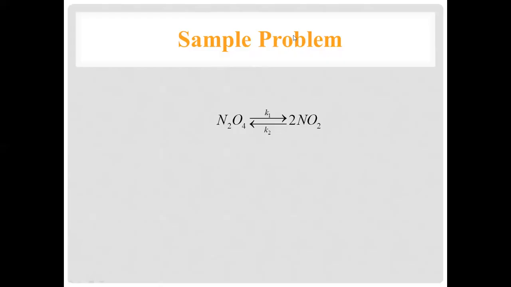So for our sample problem on reversible reactions, we have this particular problem which, in terms of stoichiometry, cannot be classified either as a first order reversible or a second order reversible reaction, primarily because the coefficient of the species on the left side is 1, and on the right side you have 2.